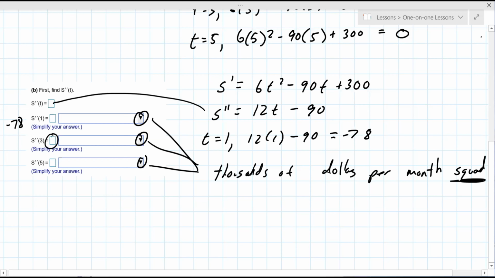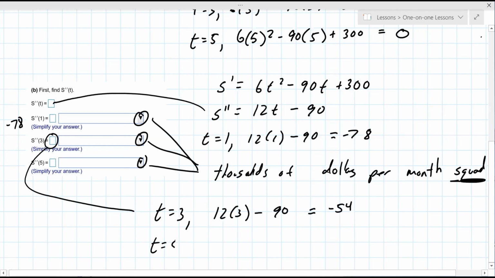So for this second thing that I've circled, you're setting t equal to 3, so it's 12 times 3 minus 90, which is 36 minus 90. That's minus 54. And then t equals 5. 12 times 5 minus 90 equals minus 30.